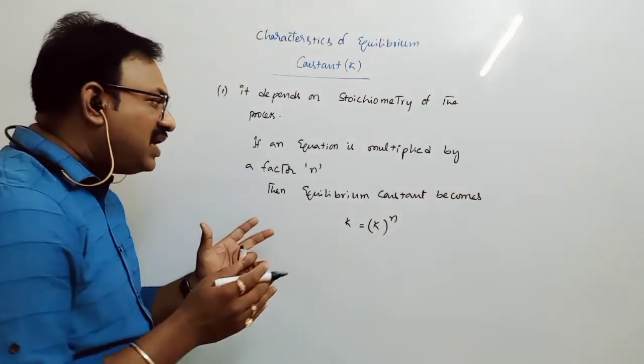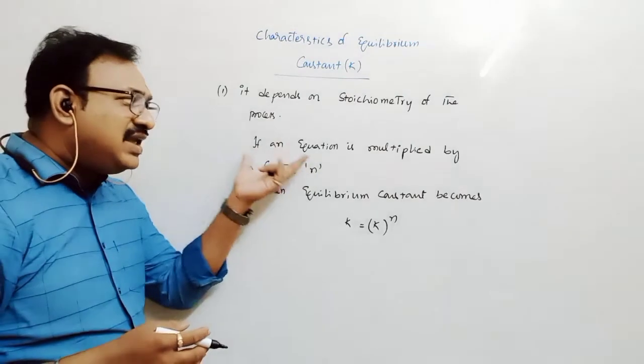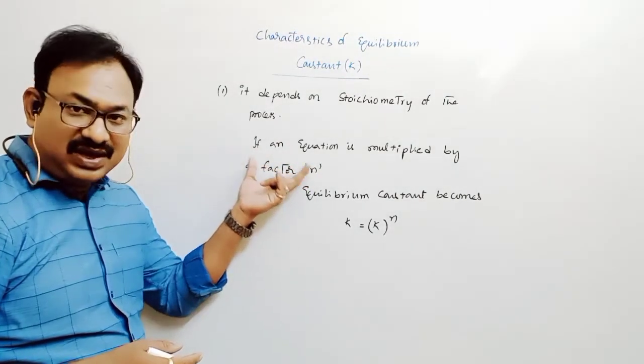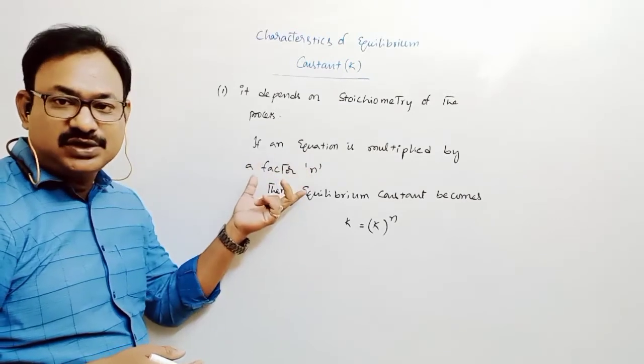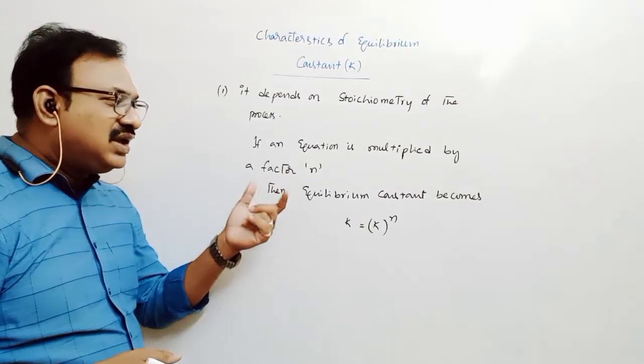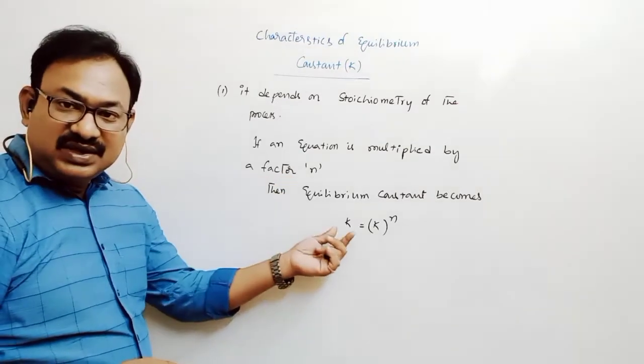So when you multiply an equilibrium equation by a factor n, the equilibrium constant becomes K power n.